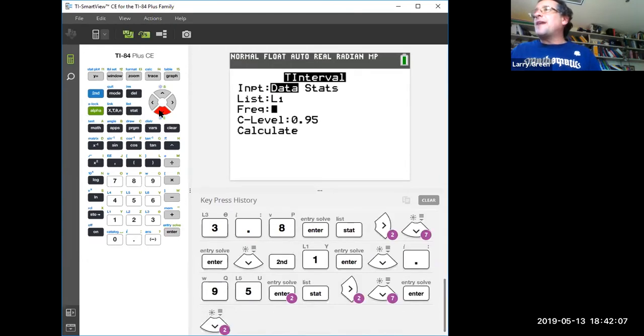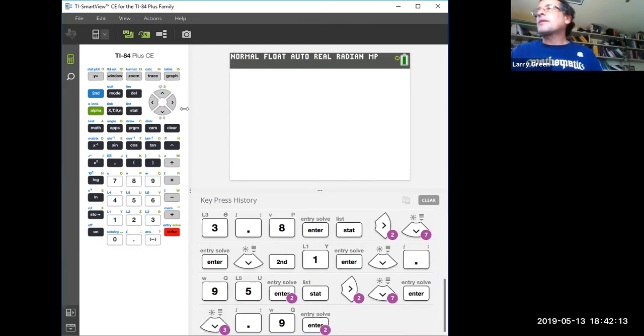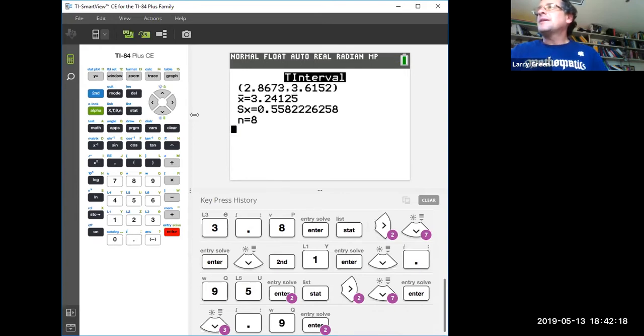I'm going to turn that 95% into a 0.9. And in a moment, now the spread is a little bit less. Okay, so now it's 2.9 to 3.6. Okay, and you say, well, that's a little better because now I know a little bit more.